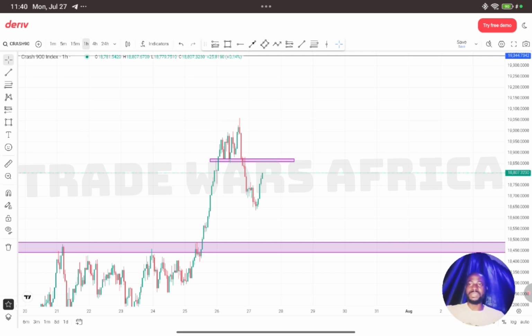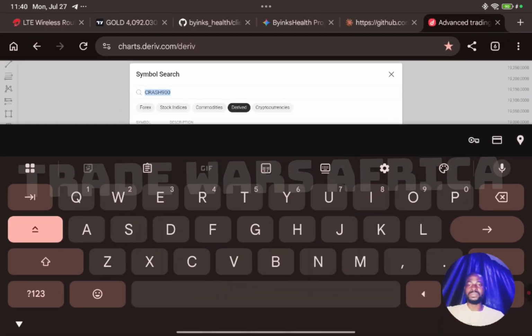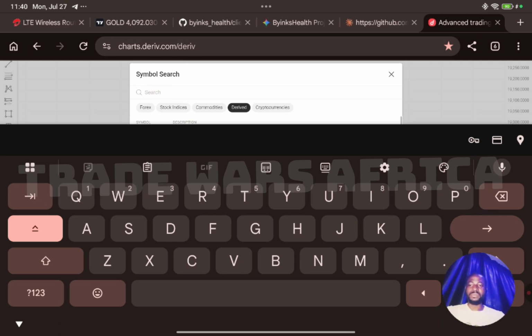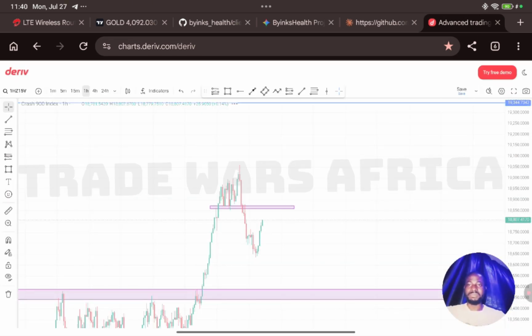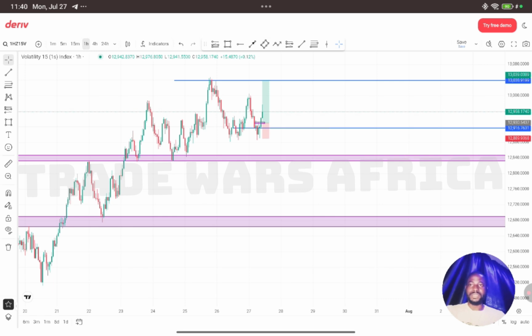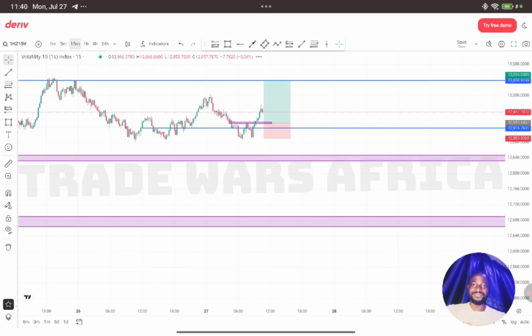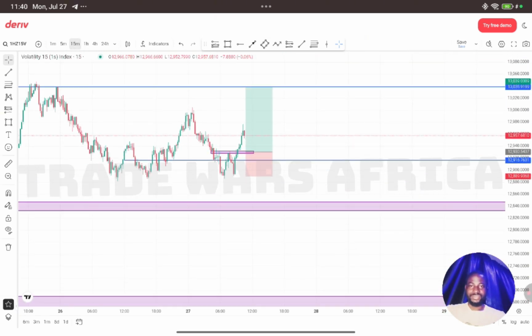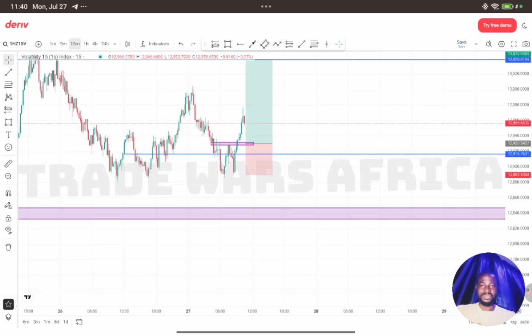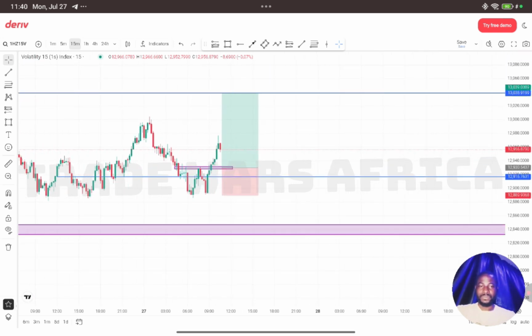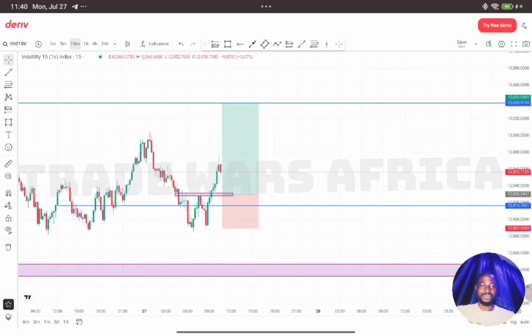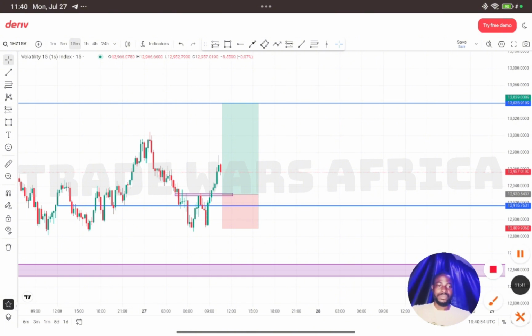So this particular one, the one we analyzed before, I posted it on the group. Whenever the market is ready, I think they will let us know. It's just a retest back to that zone, and we are good to go.